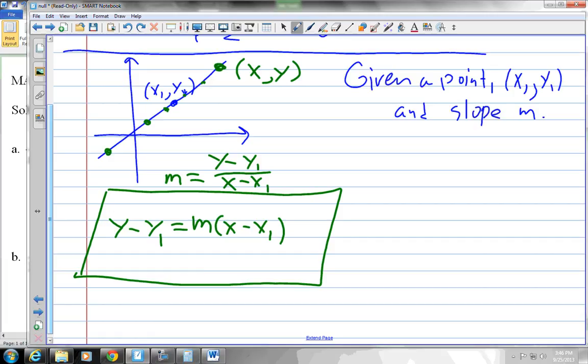That's the equation of a line that passes through a point x1, y1 and has slope m. And we have a special name for this equation. We call it point slope form, because it has a point x1, y1 and it has a slope m. Point slope form. Okay?